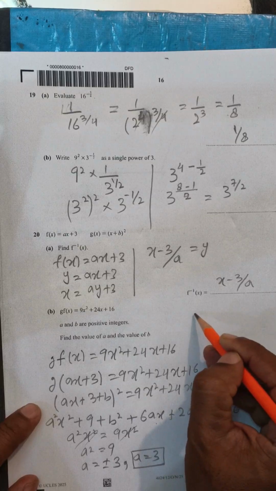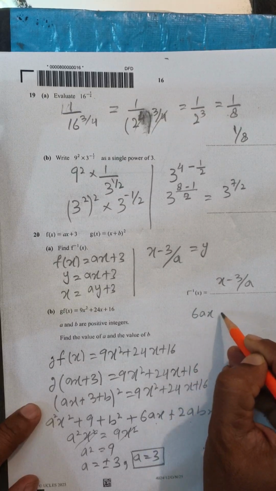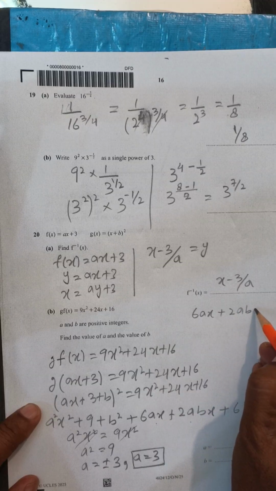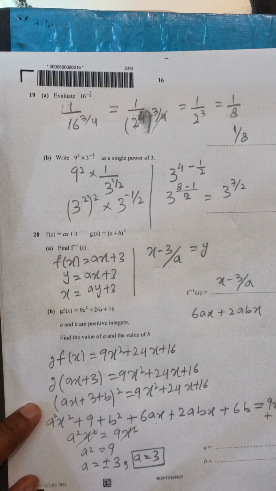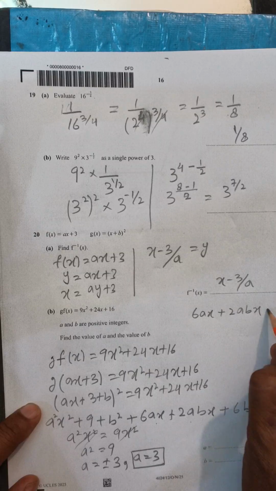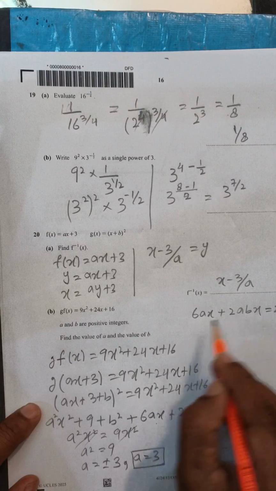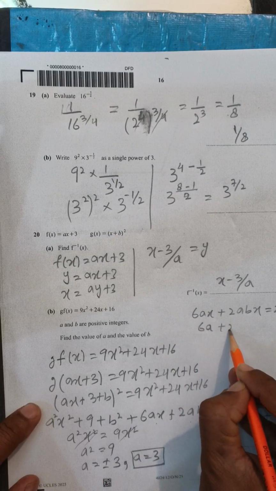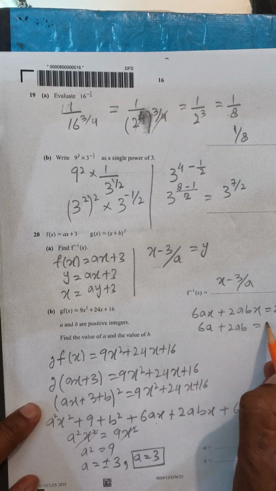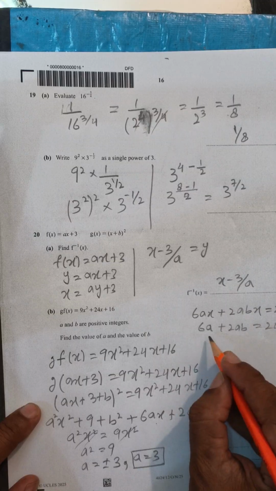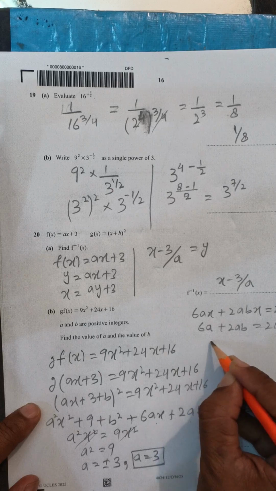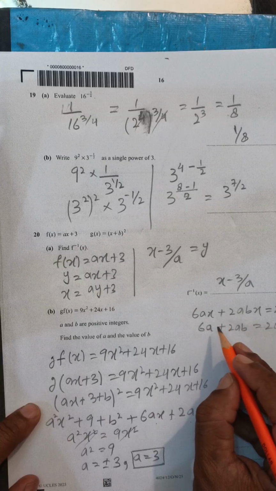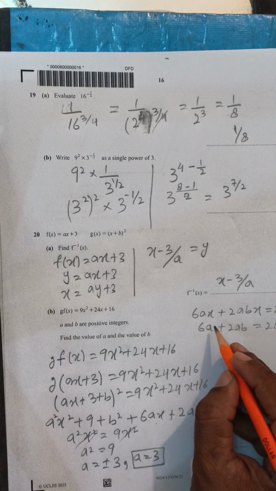Now the 6ax plus 2abx, that is equal to 24x. So now you will finally have 6a plus 2ab equal to 24. Put in the value of a. So 3 6s are 18. Okay, so you will have 18 here.